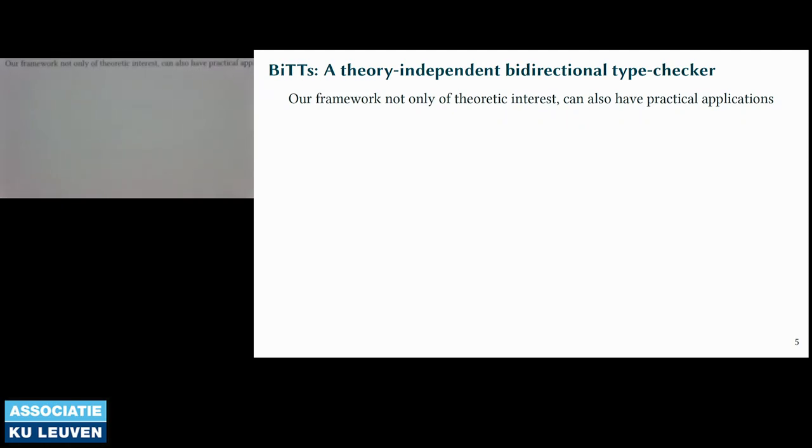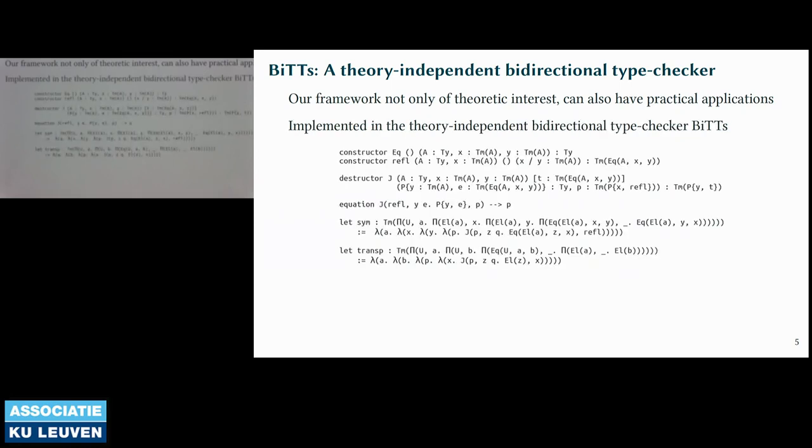I think that personally it is theoretically already interesting, but it can also have practical applications. In particular, I implemented the framework that I'm going to present here in a theory-independent bidirectional type checker, which I call BITS. And this is a fragment of a definition that you can do inside of it.